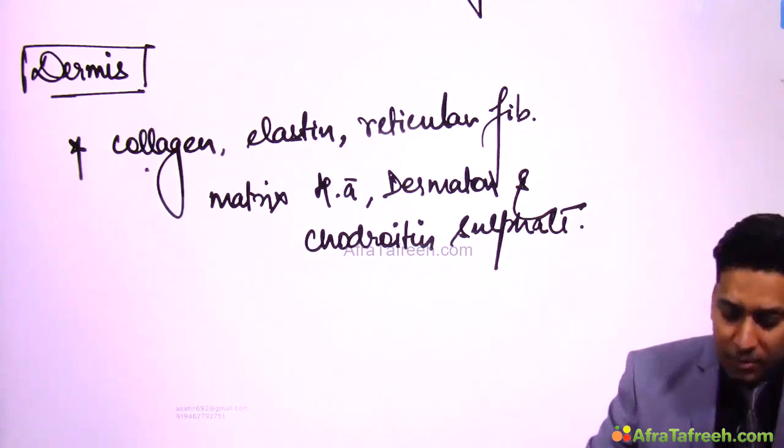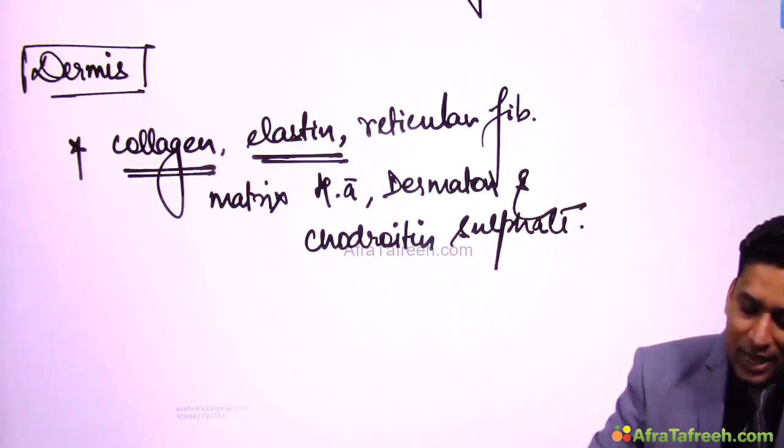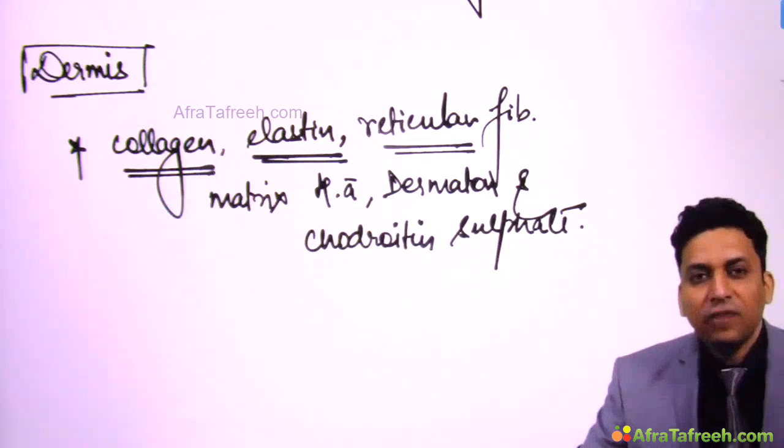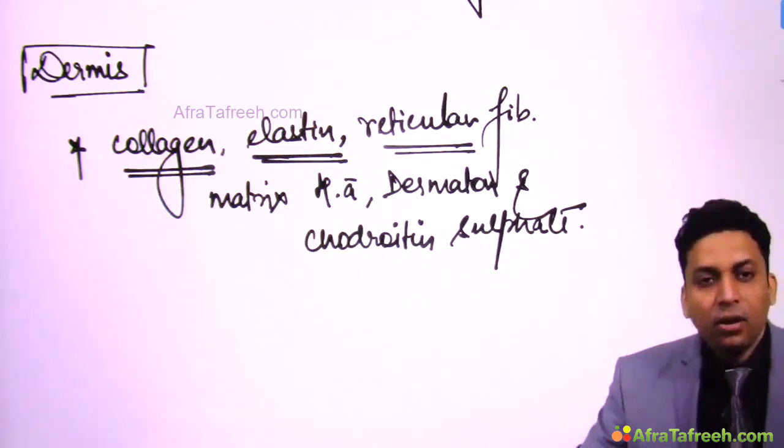So there are three fibers which are mainly present here: collagen, elastin and reticular fibers, in the matrix of hyaluronic acid, dermatan and chondroitin sulfate.